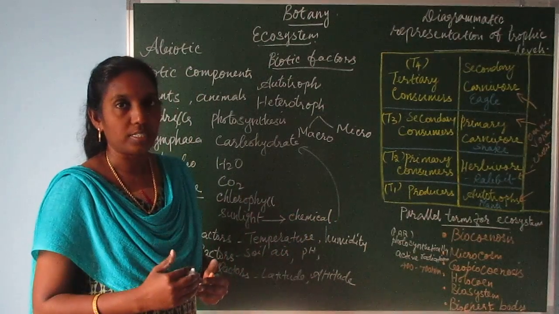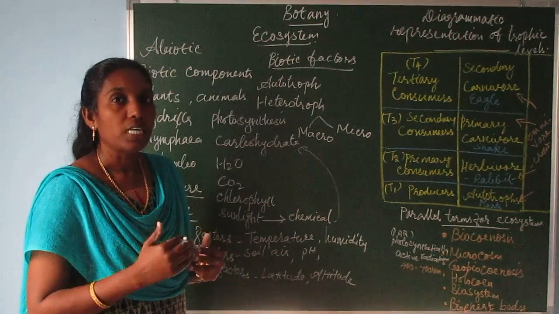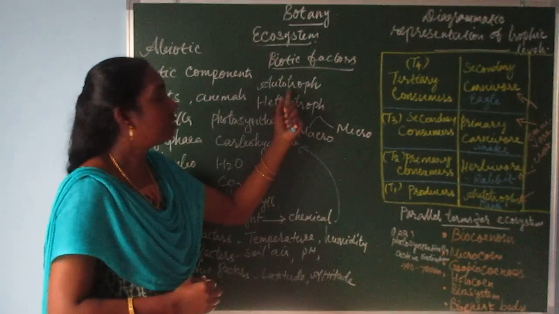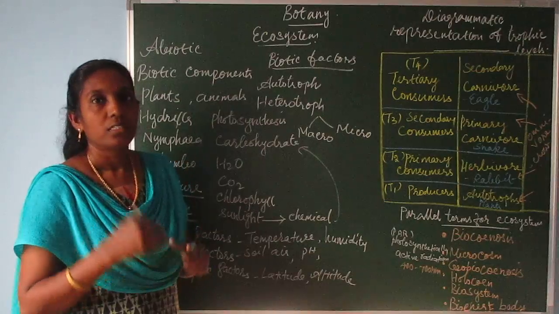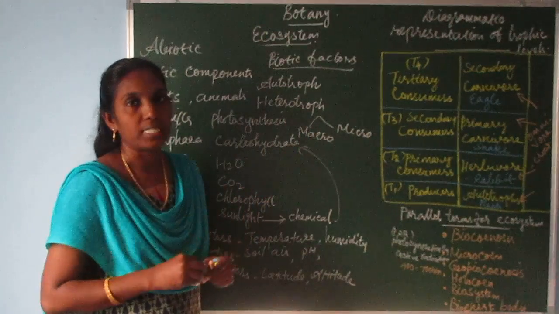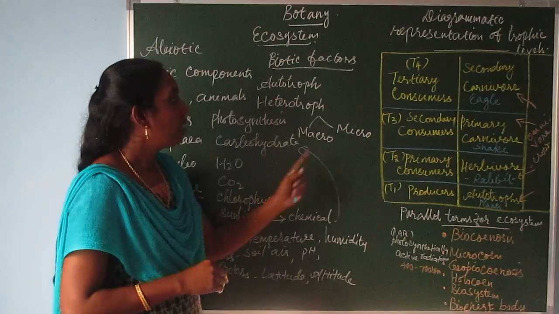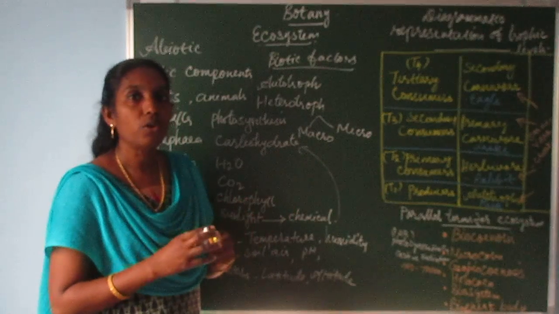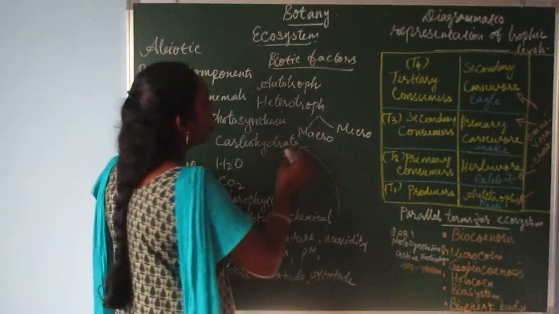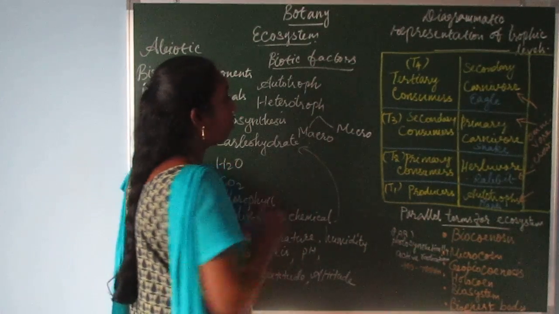Heterotrophs are the organisms known as consumers. They consume the autotrophs. The heterotrophic organisms which consume the plants are called macro consumers or macroheterotrophs. The consumers are called macroheterotrophs and microheterotrophs are the decomposers.